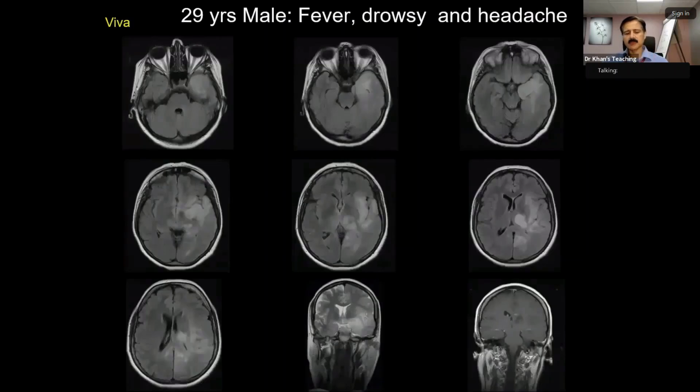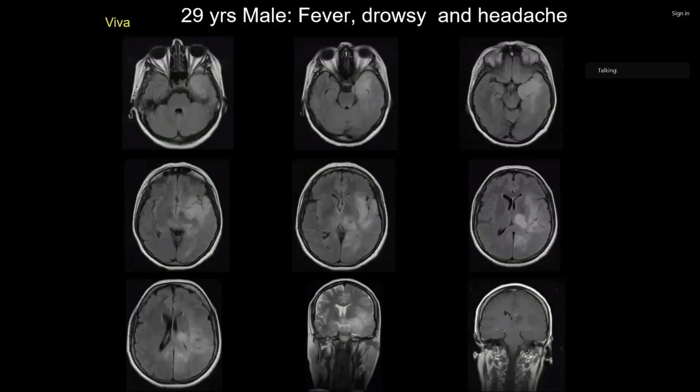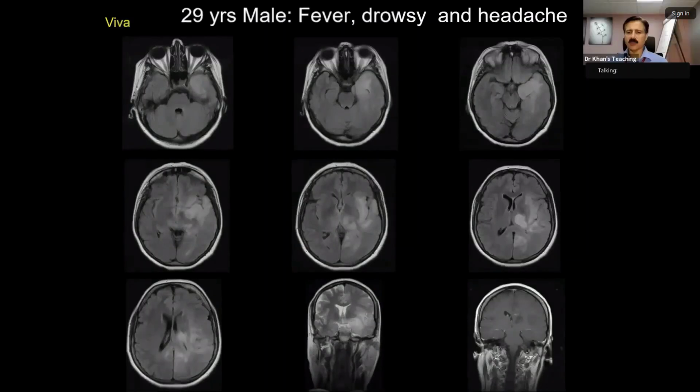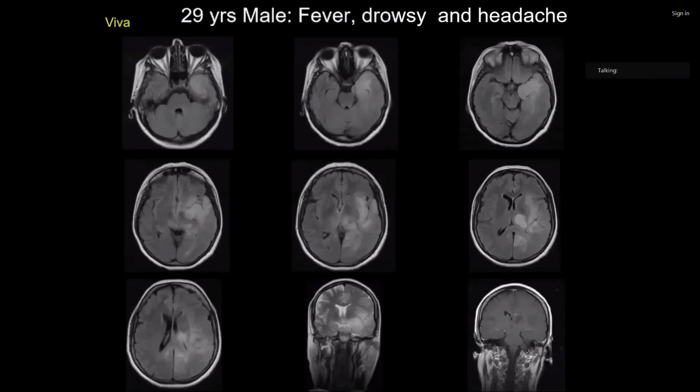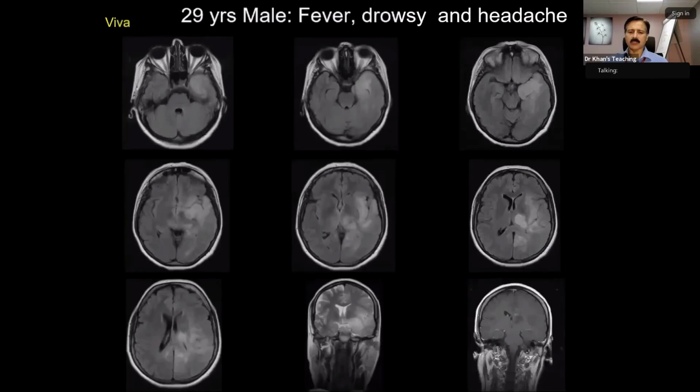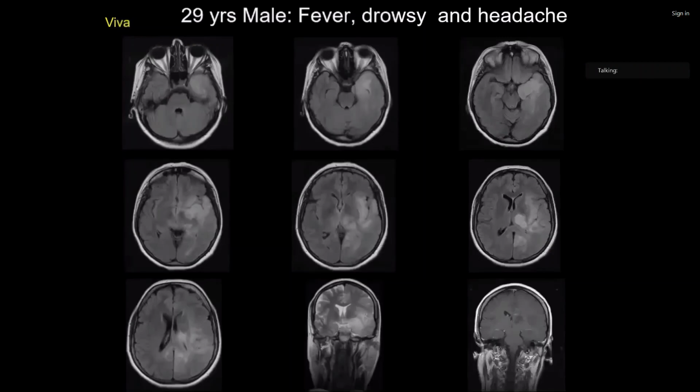Spot diagnosis. Hello, candidate 3, can you hear me? Yes, I do. So this is a very easy case, but I just wanted to include it for completion. What is your diagnosis? Herpes encephalitis. Excellent.